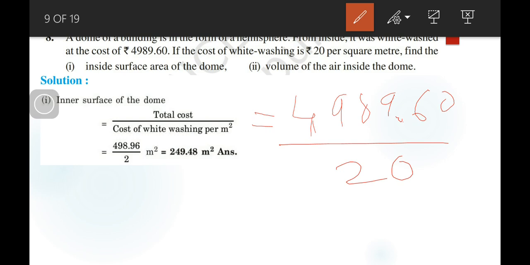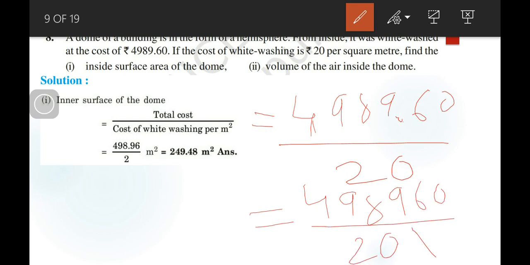If we convert this decimal into a fraction, then we put the decimal point after 3 decimals.